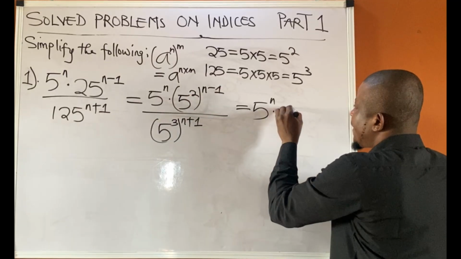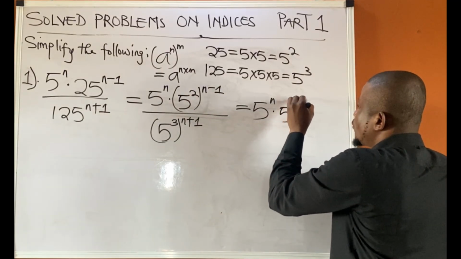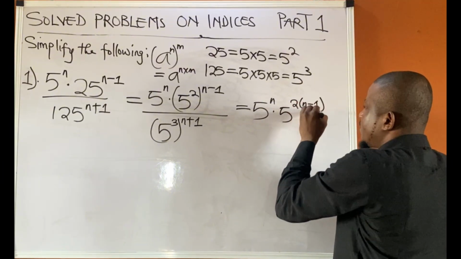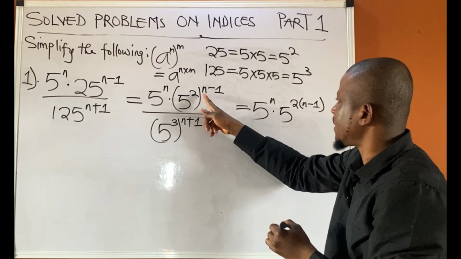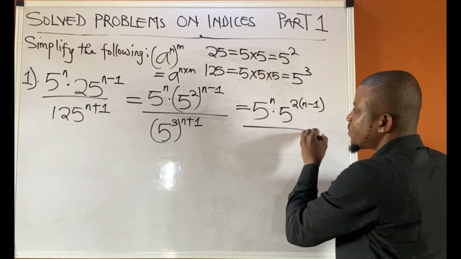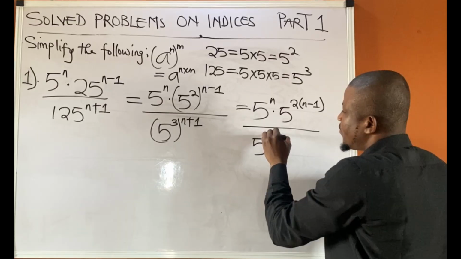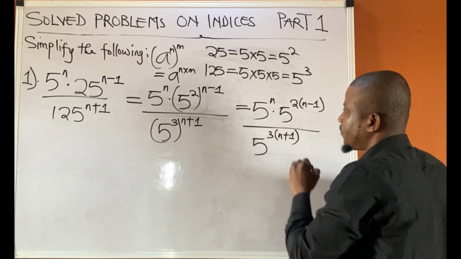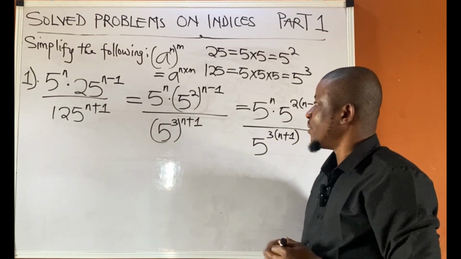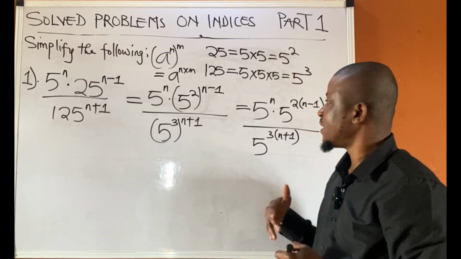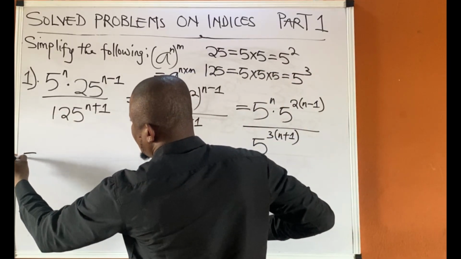So I will have 5 to power 2 bracket n minus 1, so these two will multiply this power. And the same thing applies to the denominator here, 5 to power 3 bracket n plus 1. Believing you followed through on this, let's continue this solution.